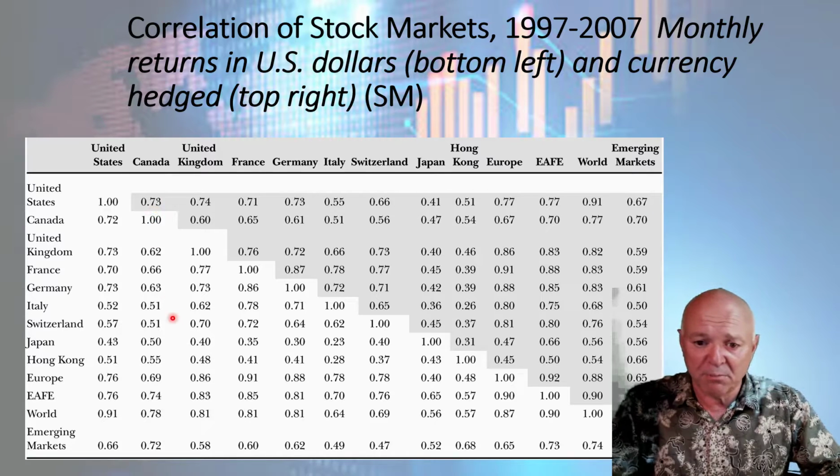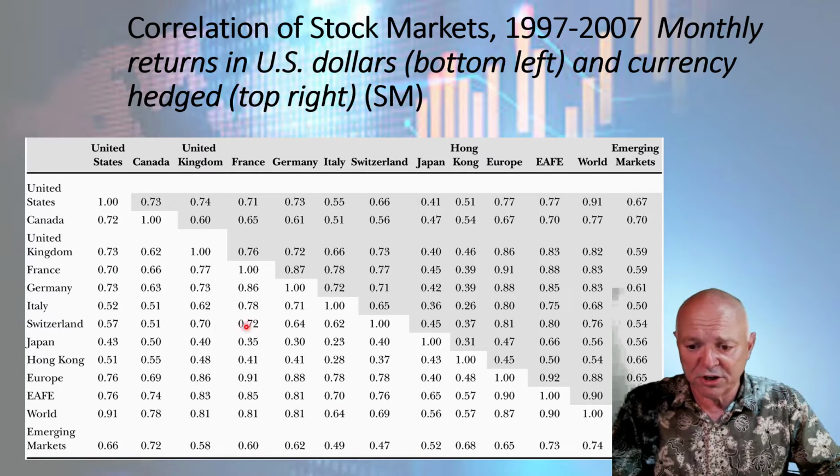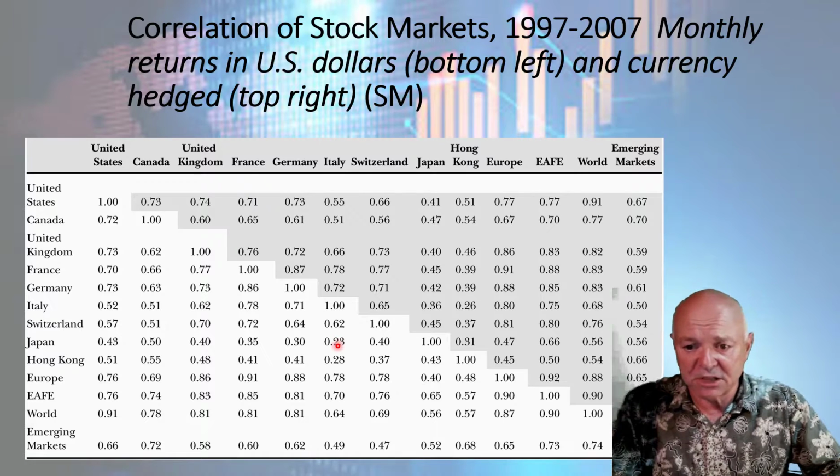You can see some of our best returns in the unhedged portion here suggest that we can have perhaps as low a correlation coefficient as 0.3 or 0.2 by having investments in, say, Japan and Italy. Low correlation coefficient between those markets.